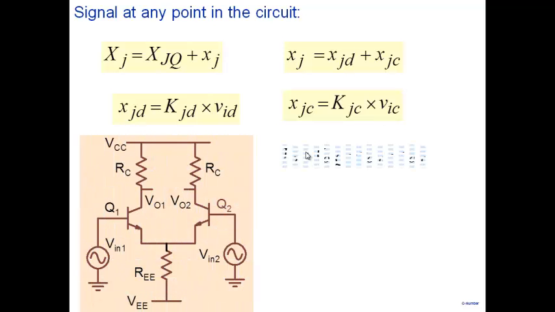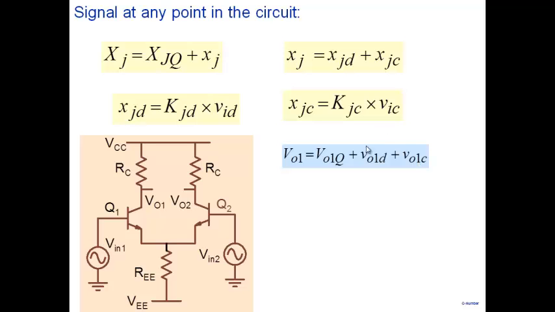Okay? So for example, if I want to know the total value of the output voltage V01, the total value of V01 would be the bias point V01Q plus a V01 differential, V01D, coming from the differential input signal, and V01C coming from the common mode signal.